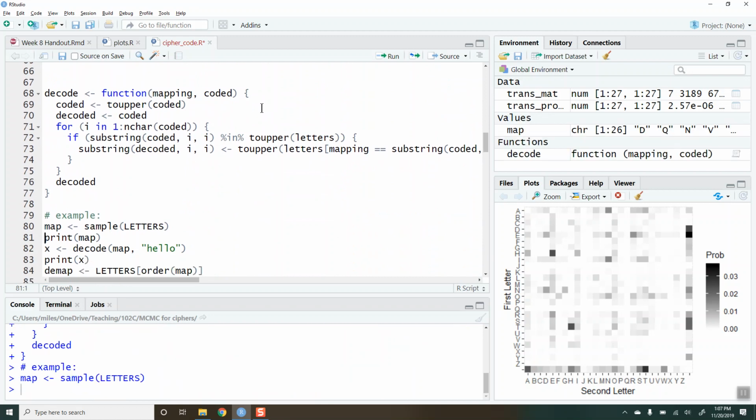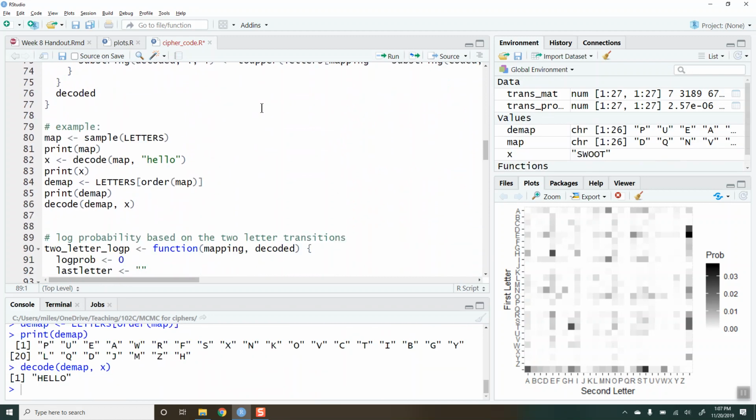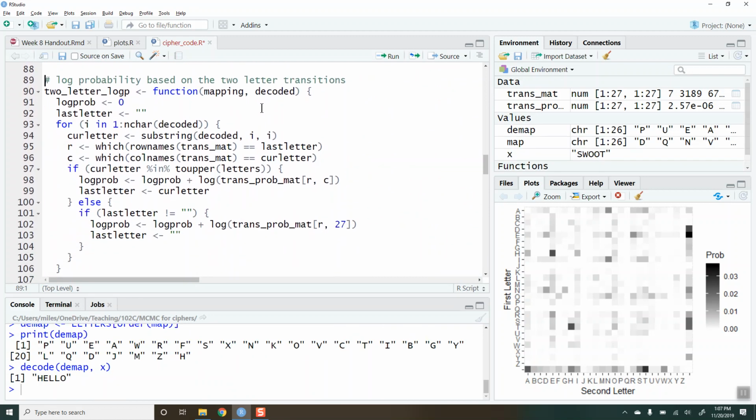Okay, and then we're going to just run some code here. Our probability is determined by two parts. One is the two-letter log probability. This goes through each pair of letters in the decoded text, and we ask how likely it is that this was the original text.